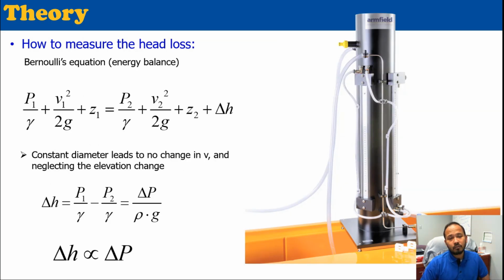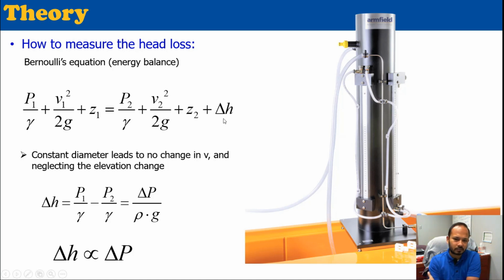So let's see how we're going to measure the head loss. If you remember Bernoulli's equation, if you do the energy balance between a point P1 here and P2, another point near the outlet, and apply Bernoulli's equation, you will get the pressure head, the dynamic pressure head, the change in elevation, and also the friction head loss.